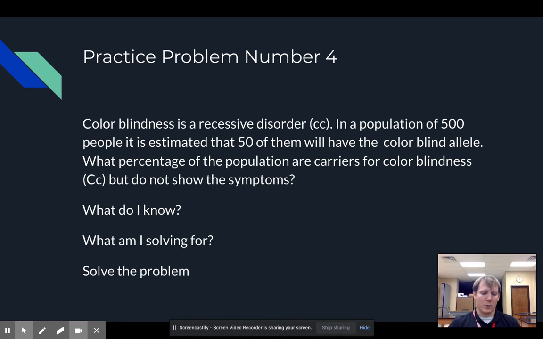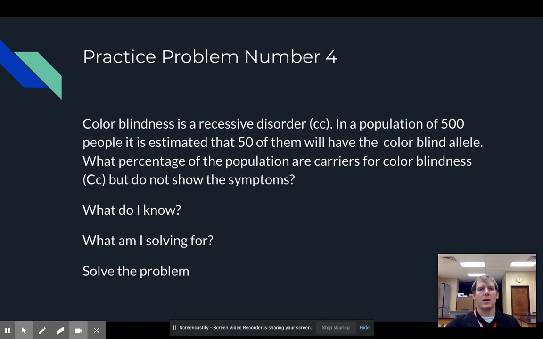Okay, so I got 0.18, or in other words, 18% of the population. 18% of our population has the color blindness allele, but they are not colorblind. In this example, 18% will be your final answer.